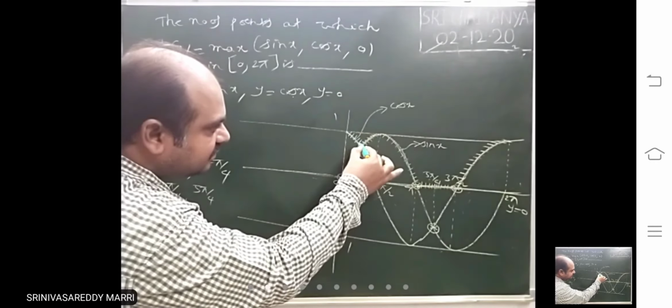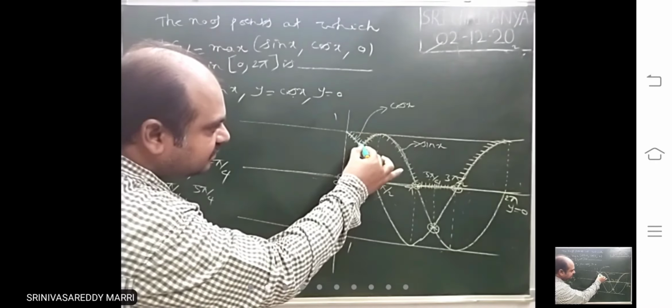Till here sin x, and then the rule is changing at pi. This is y equal to 0. Till here y equal to 0, and then the rule is changing at 3 pi by 2. This is cos x. Again the rule is changing at 3 pi by 2. That means these are the points of non-differentiability.